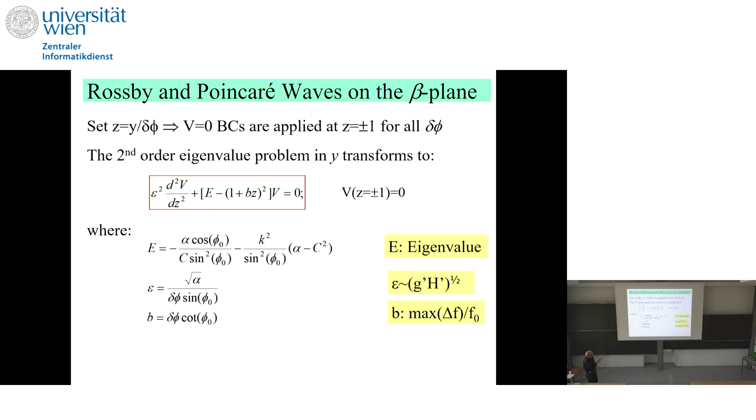This epsilon here is the H bar in Schrödinger equation, and this B, which is the beta effect, is just the width of the channel times cotangent of phi 0, which is the maximum change in the Coriolis frequency over the mean value. Okay, so B is usually less than 1, but it doesn't have to be very much less than 1. It doesn't have to be tiny.